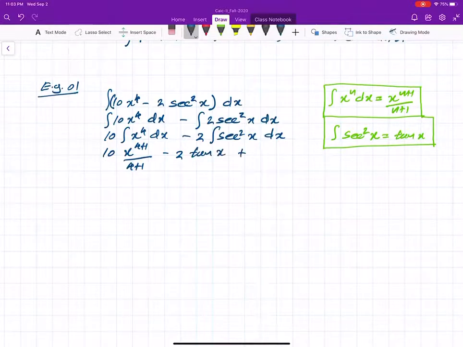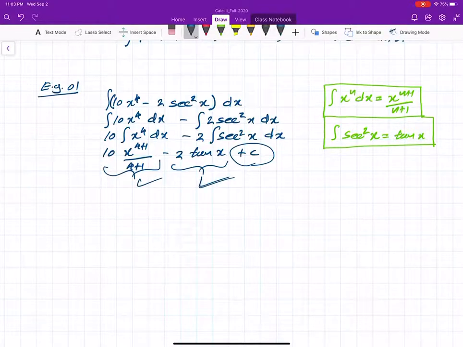Now I put one constant. Actually you will get two constants, one for that part and another for this part. You can sum these two constants and produce one constant, so that constant is c here.